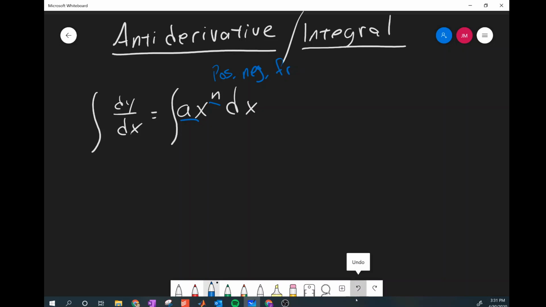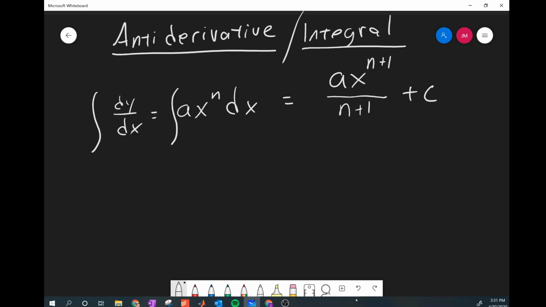Any of those three, we're still in good shape. So all we're going to do, we're going to leave our a x, add 1 to our exponent and divide by that value and add our plus c.